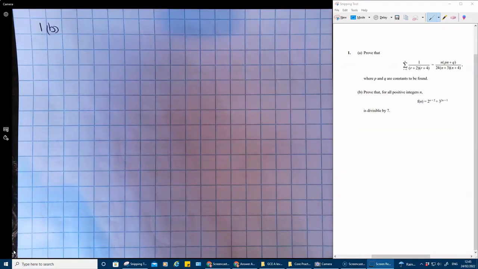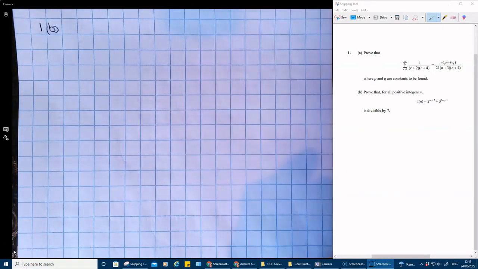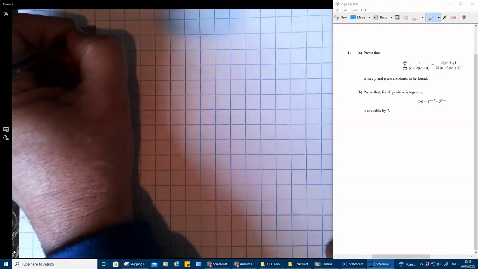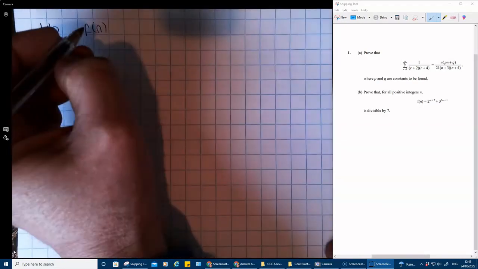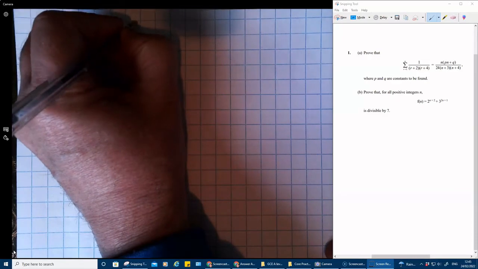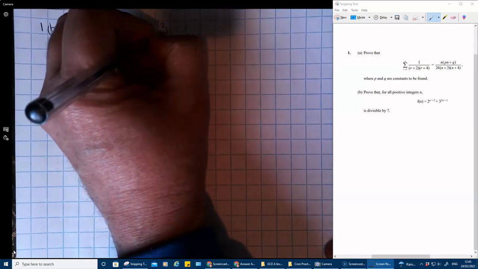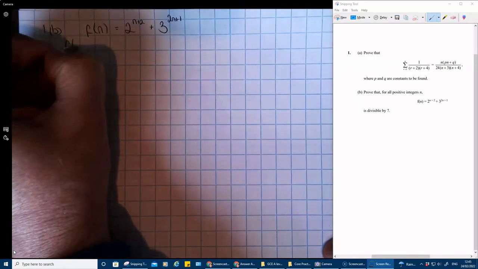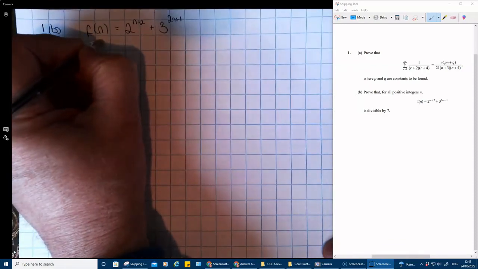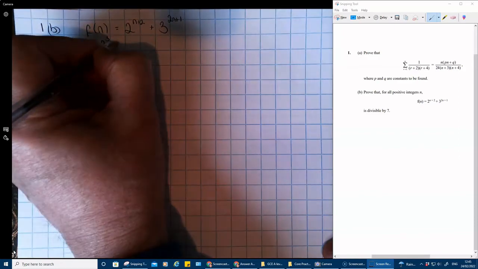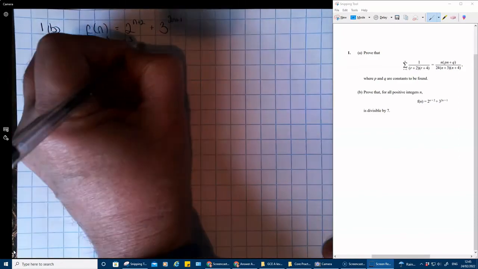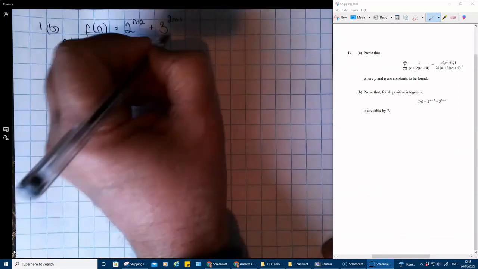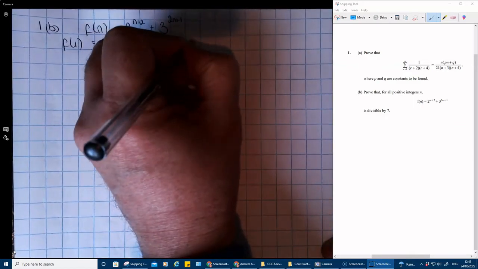Okay, part B, prove that it is divisible by 7 for all positive integers n. Now this is a proof by induction question. So we've got f of n equals 2 to the n plus 2, plus 3 to the 2n plus 1. We just test for 1. F of 1 equals 2 cubed plus 3 cubed, which is 35, which is divisible by 7.